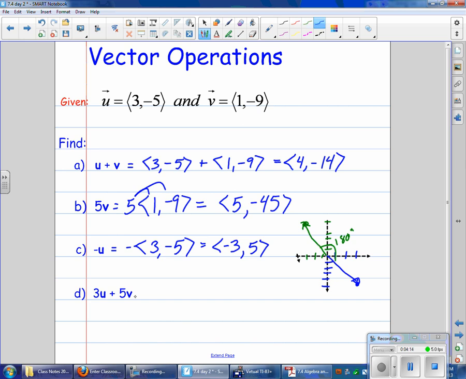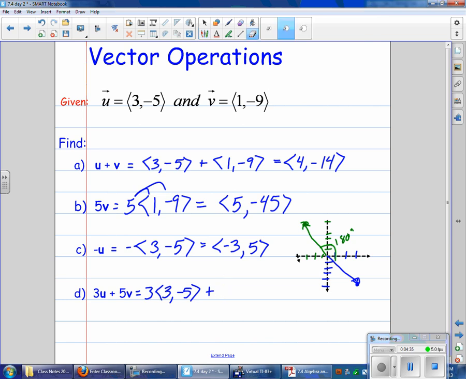All right. Now here's a combination of operations. We have scalars on both vectors, and we're trying to find their sum. So we do still need to follow the order of operations. That's still the same. So we're going to do the multiplying, or the scaling, first, and then we will find the sum.